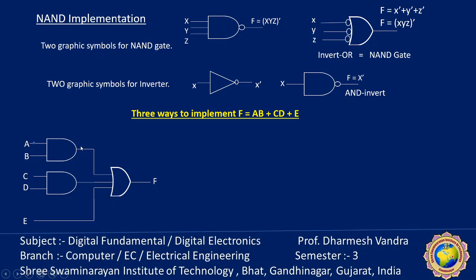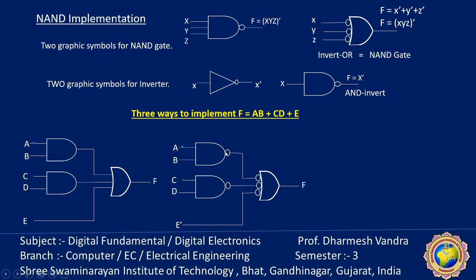Now if I want to replace these two AND gates by NAND gates, a bubble will appear at the output. If I replace F by F dash in this way, I have to put an invert here, and then the circuit remains the same.